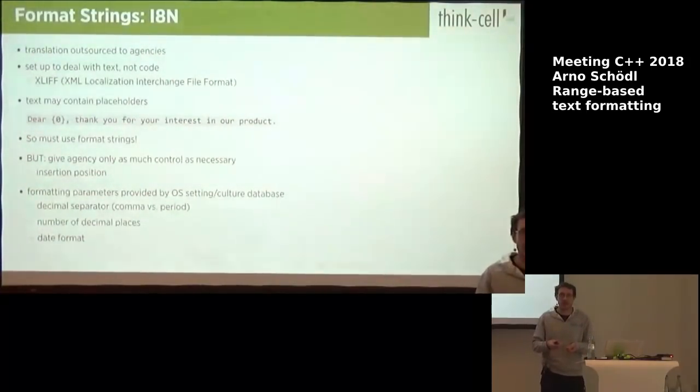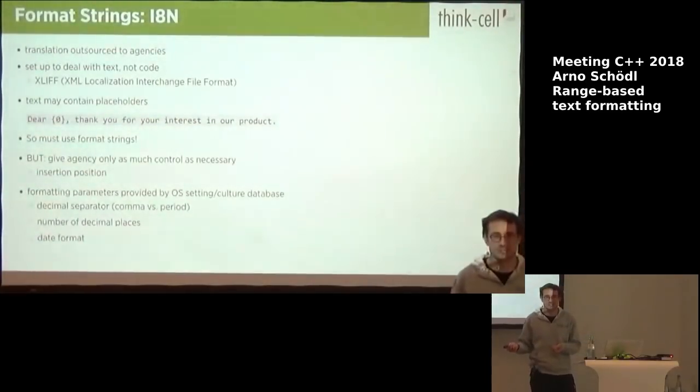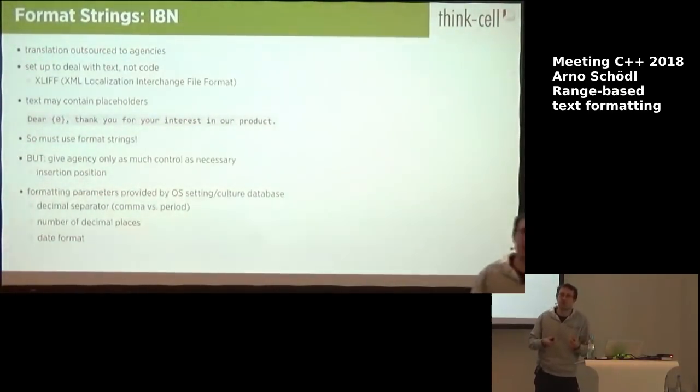So, for example, whether to use a comma or a point as a decimal separator is probably something you can pull from the operating system or from some library or database that is dependent on the region. Date formats. You have one language, you probably are going to translate to American English, but then you're going to run the program in England. And there, they expect the dates not to be in month, day, year, but in day, month, year.